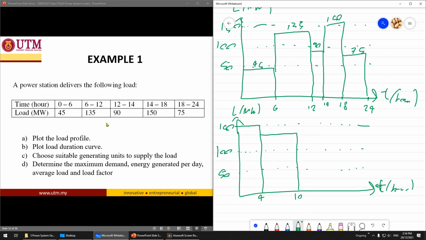Next is 90, only for 2 hours, so only a short one. 10 plus 2 is 12.